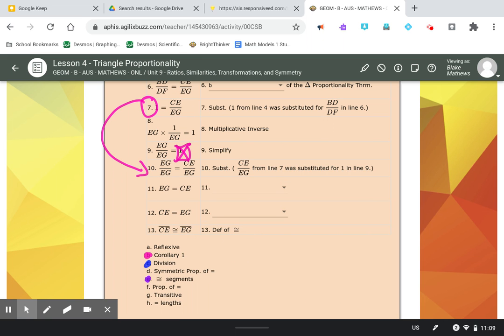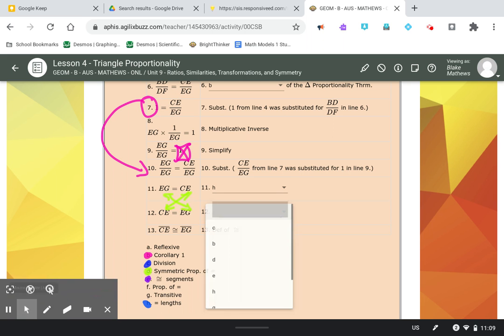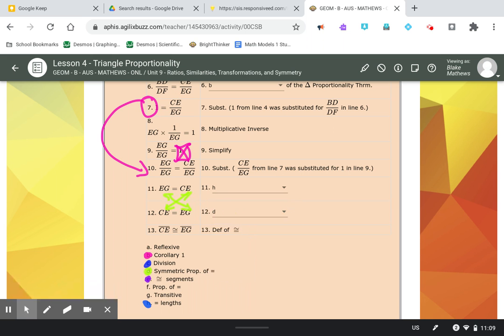We'll call it equal lengths for H. Not sure about that one, to be completely honest, everybody, but that's okay. There seems to be a missing one. It should be the multiplication property of equality. It's not there, though. But then this is definitely the symmetric property, because basically what we've done is we've switched the sides of the equal sign. That's going to be the symmetric property of equality.